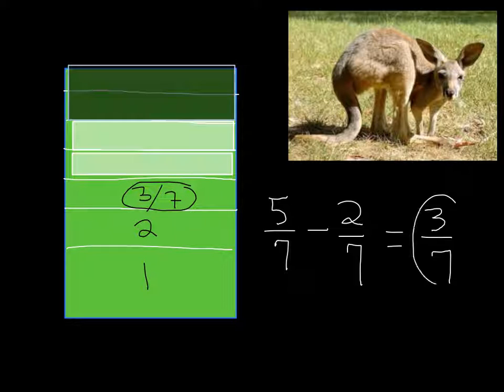Now what's nice here is you can see that my algorithm agrees with what I wrote here for my illustration, and that's very, very important. So with this fraction, I get 3 out of the 7 parts. As you see, there's still 1, 2, 3 out of the 7 parts that it's been cut into.